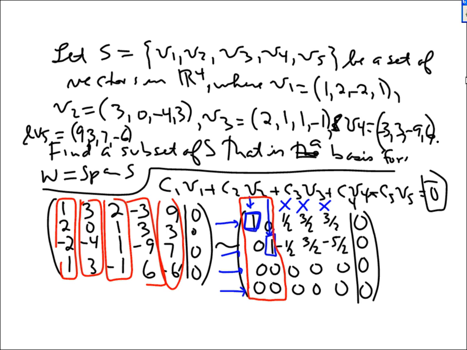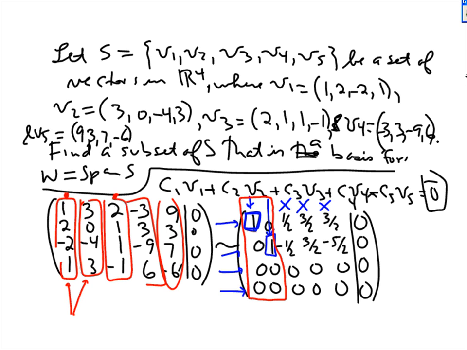It turns out that column 1 and column 2 were the only columns that had a leading one. So, column 1, column 2. You use those two vectors. If it turned out column 1 and column 3 were the only ones that had leading ones, I would use V1 and V3 as the basis.